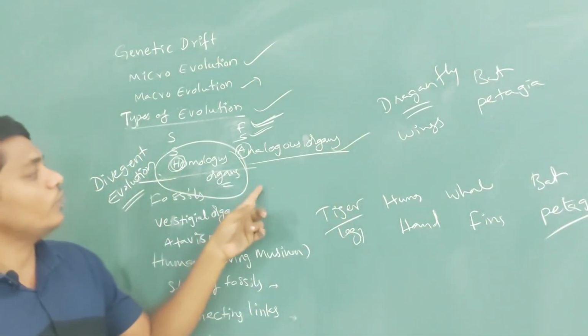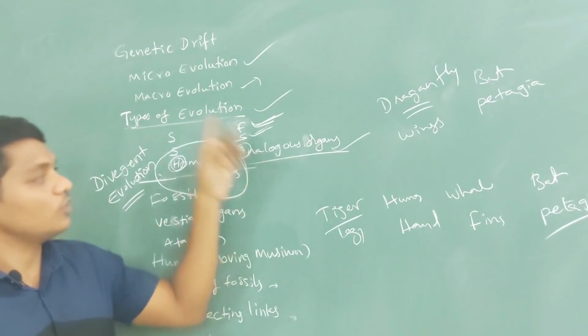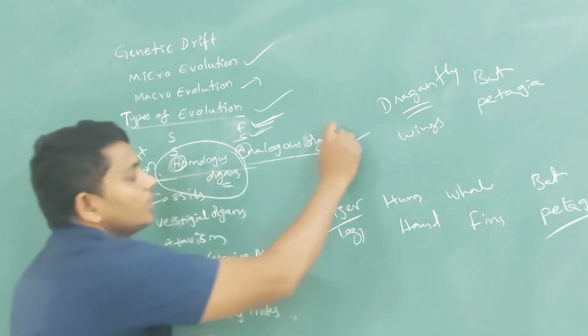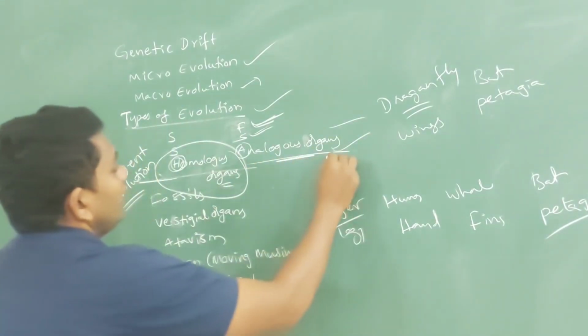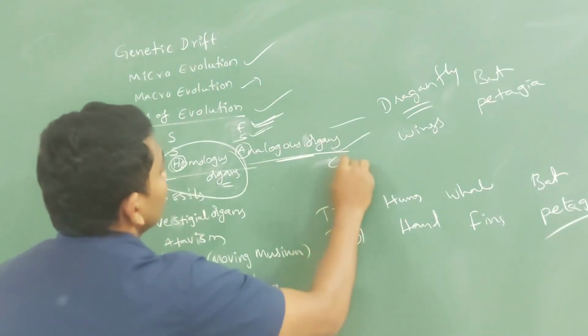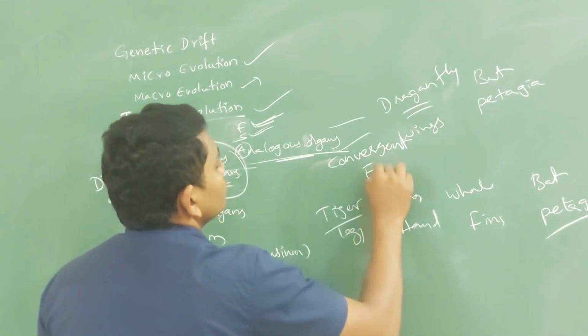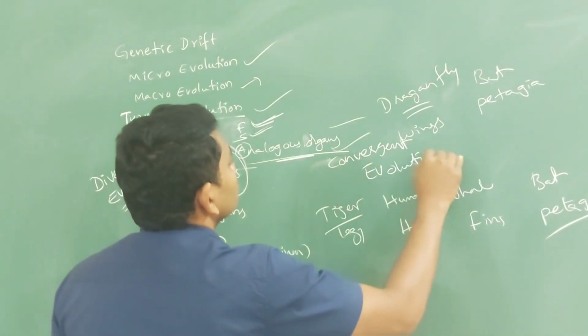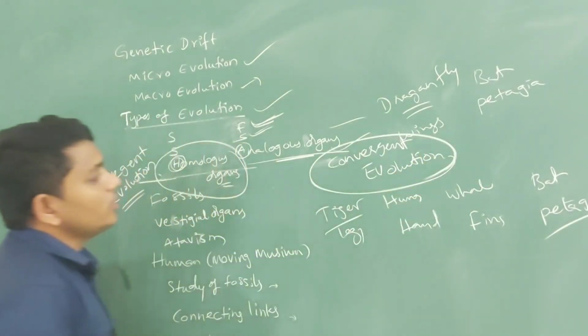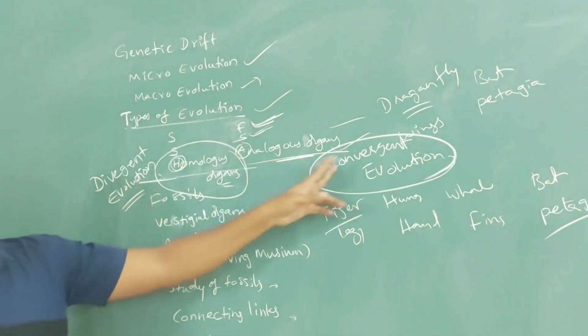If the organism shows analogous organs, is that called divergent or convergent evolution? Convergent evolution is only seen in analogous organs.